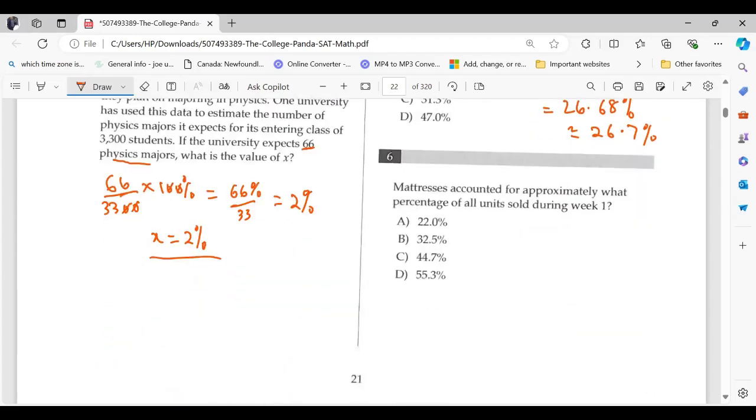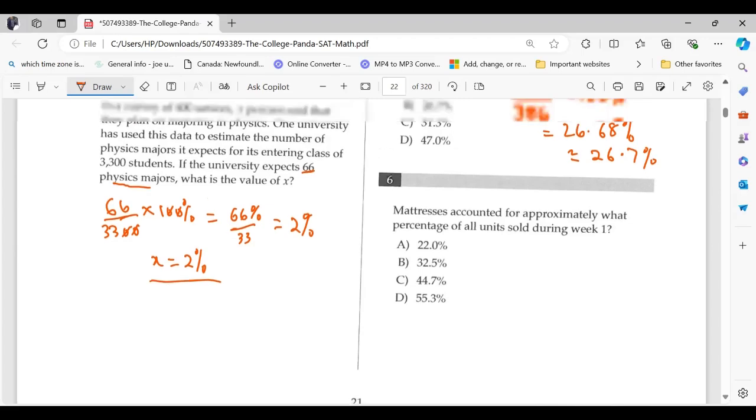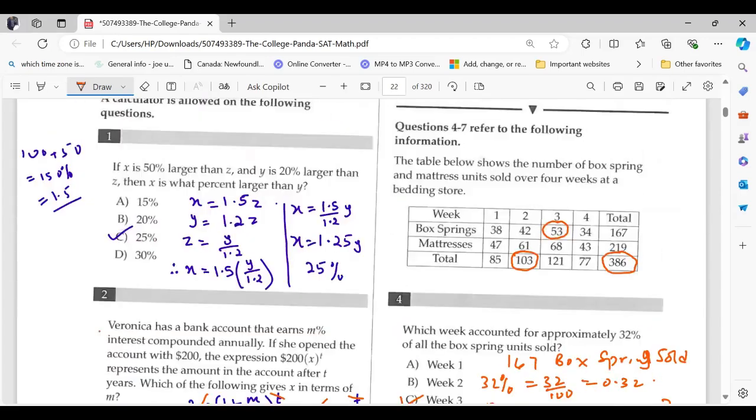Proceed to number 6. Mattresses accounted for approximately what percentage of all units sold during week 1? So let's look at all the units sold during week 1. This is all the units sold during week 1, 85. Mattresses, 47.